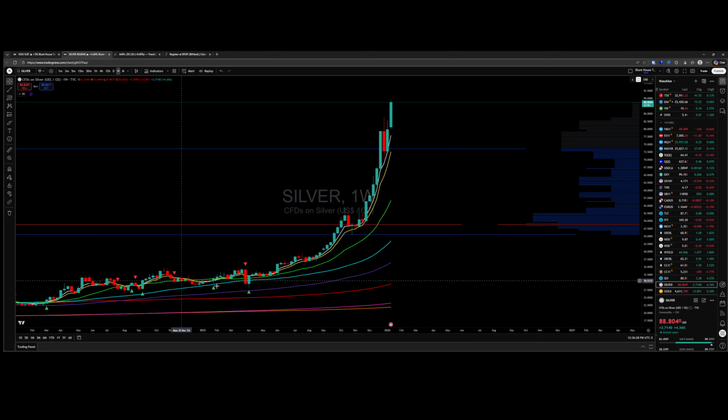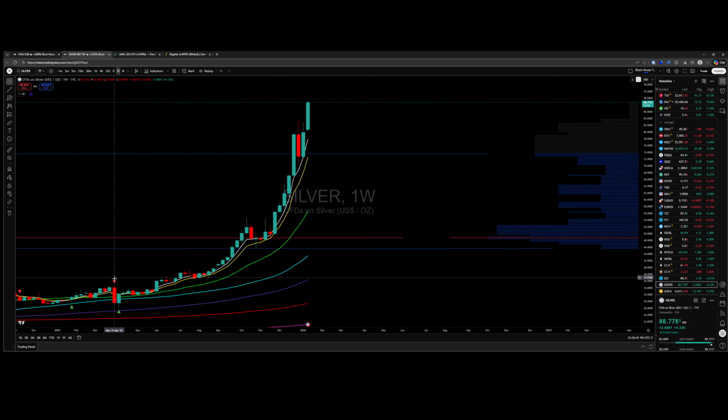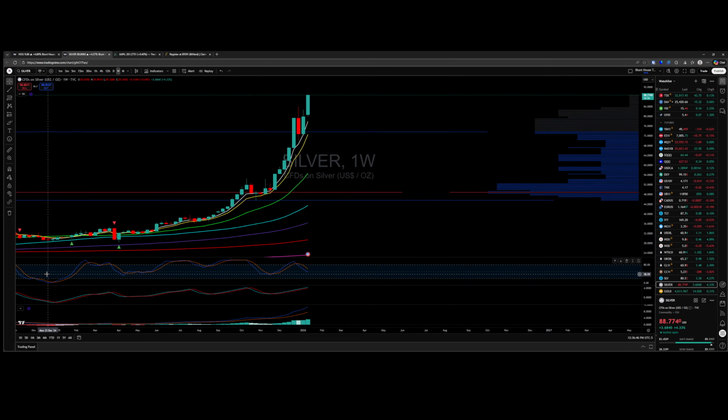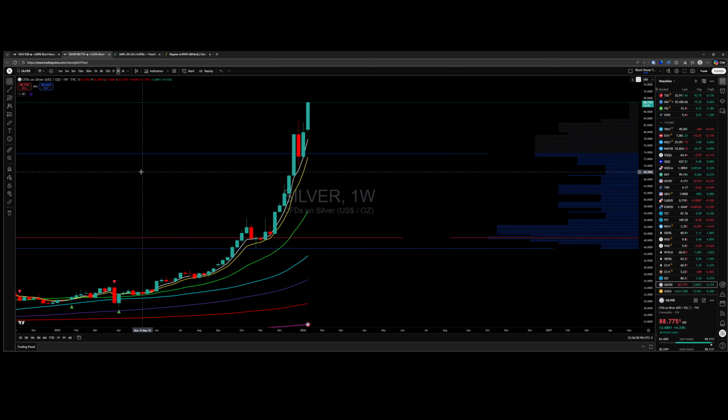And for the longest time, price was kind of reasonably range bound in the low to mid to high 30s. And then all of a sudden one week you get this big red candle down. And lo and behold, the next weekly candle prints a buy signal.